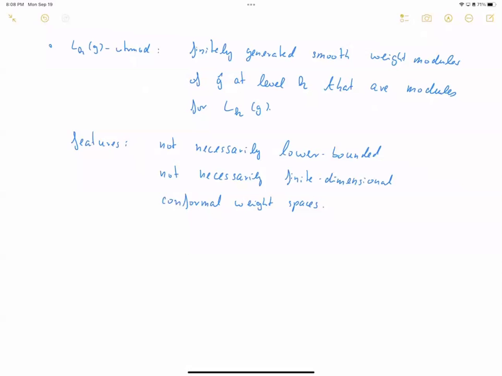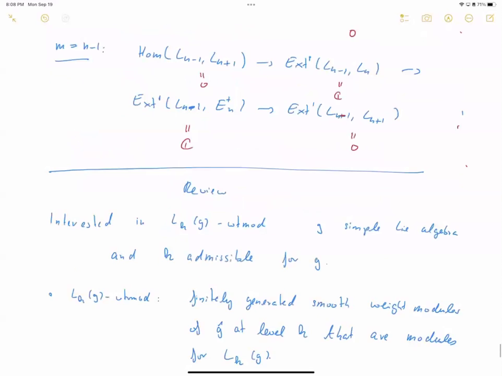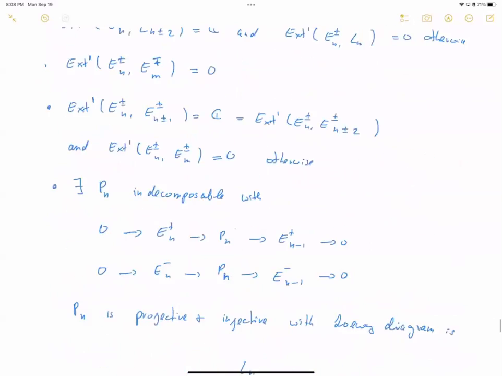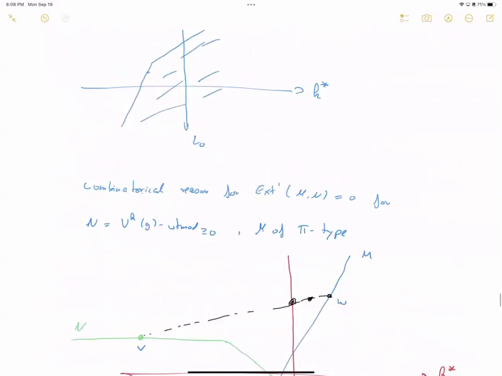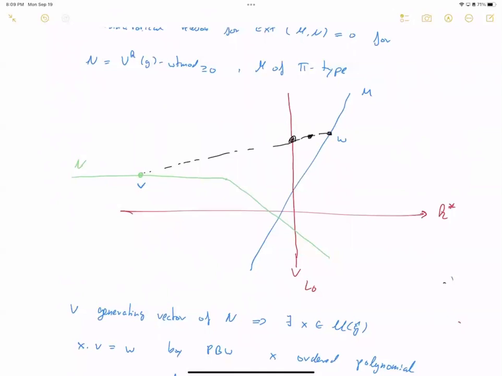So this means classification of simple modules is not a problem anymore. So what you have to understand is what are possible extensions. And I sketched for you criteria for vanishing of extensions. And we had this picture that I drew, which is the kind of picture one has to have in mind for that.